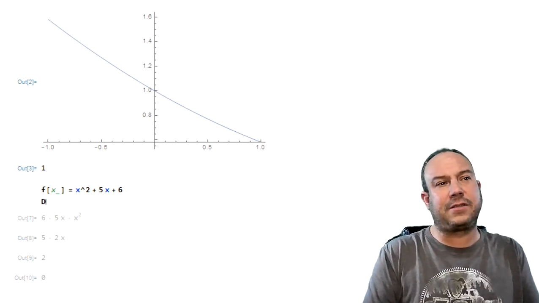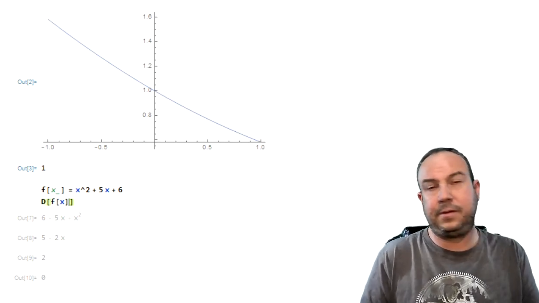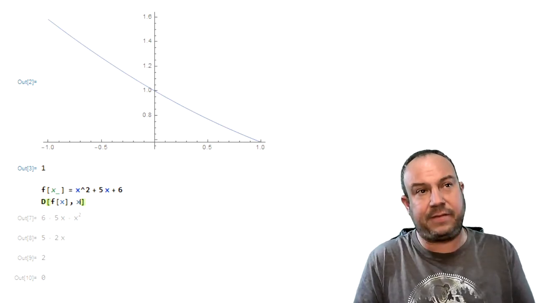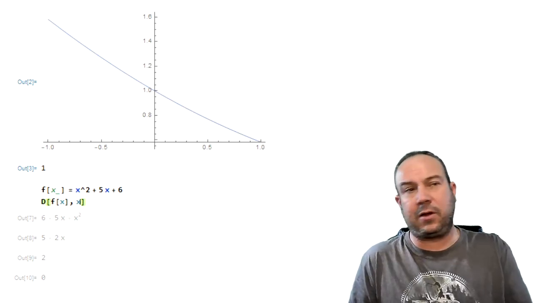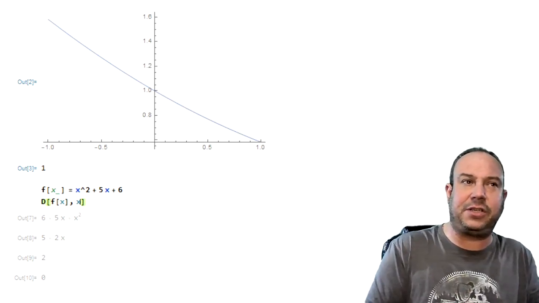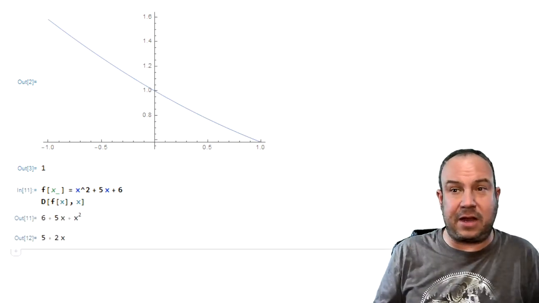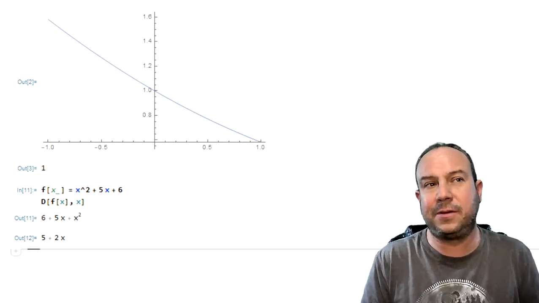Right? There's also called the big D notation. Right? This works for multivariable functions because you can call out the value of x that you're differentiating with respect to. So here we wrap f of x in the D function, right, which means derivative, and we can differentiate it with respect to x, and we do get 5 plus 2x. Right?